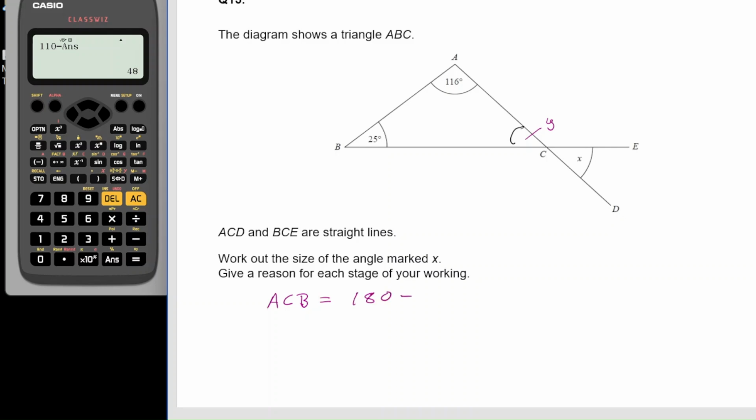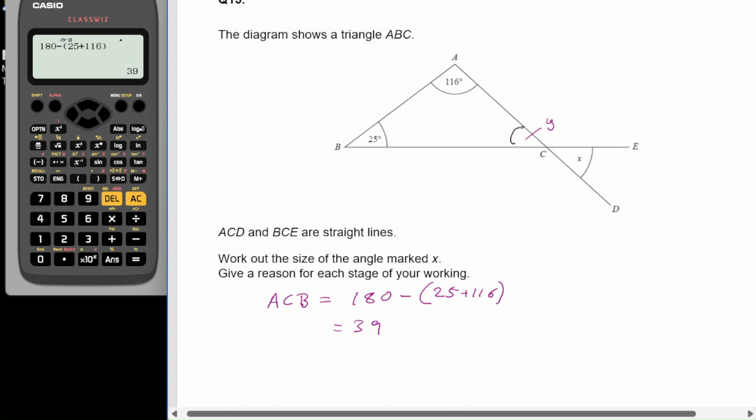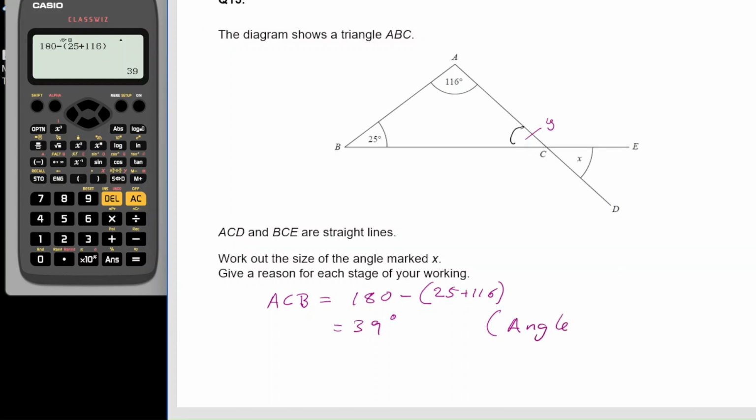180 minus the two known angles added together. 25 plus 116. And again, there's no need to actually do that in your head. We don't get a mark for working that out in our heads. So just use your calculator, making sure we've typed everything in correctly. So 39 degrees. And the reason for that is angles in a triangle equal 180. So I always put my reasons next to my working.